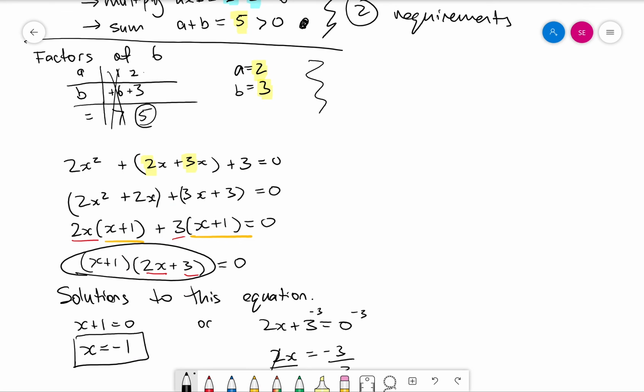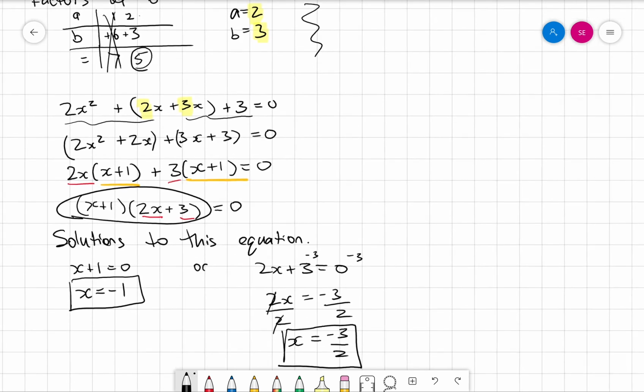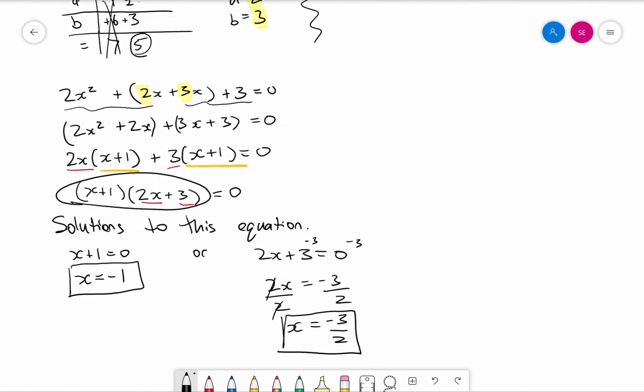Then we simplified it even more. We grouped these two terms together and these two terms together. We took out some common factors, and then we took out some more common factors here, and this gave us our solutions down here.